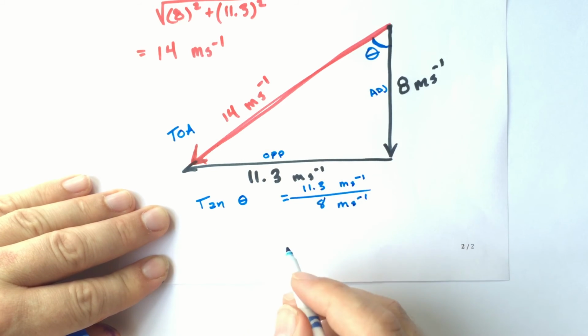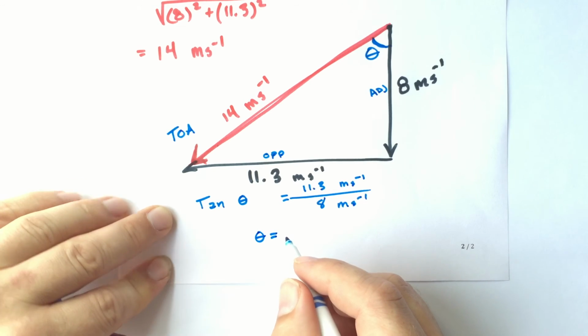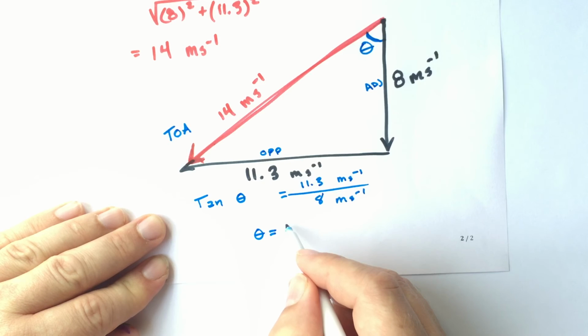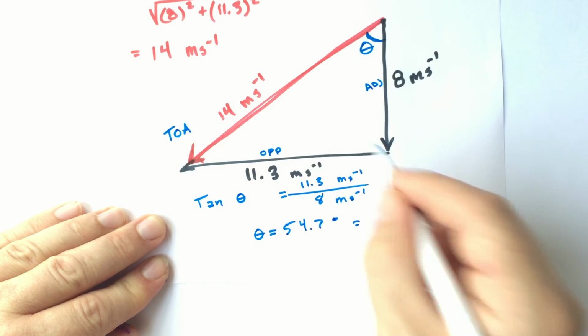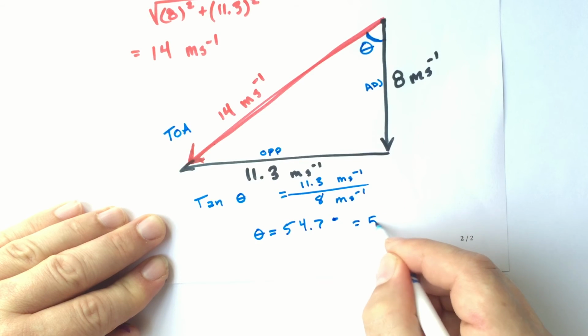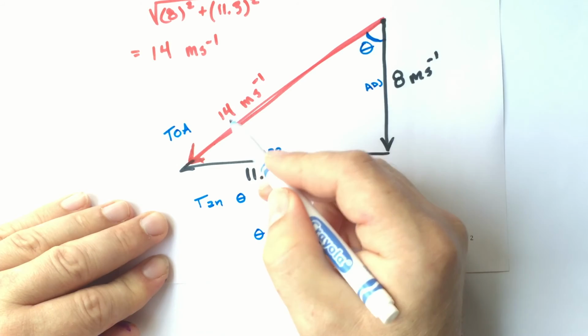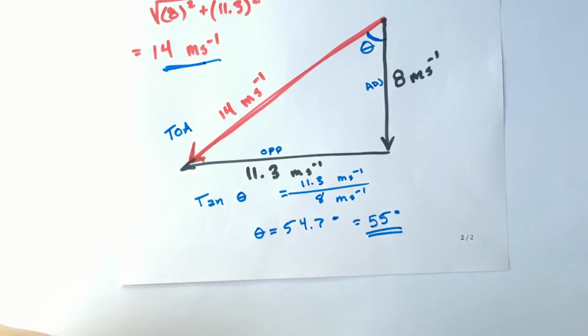We need to take the inverse tangent of both sides. So the inverse tangent of 11.3 over 8 gives us 54.7 degrees. And we're talking 2 sig figs, so let's say 55 degrees. All right, so here is our magnitude, here is our angle.